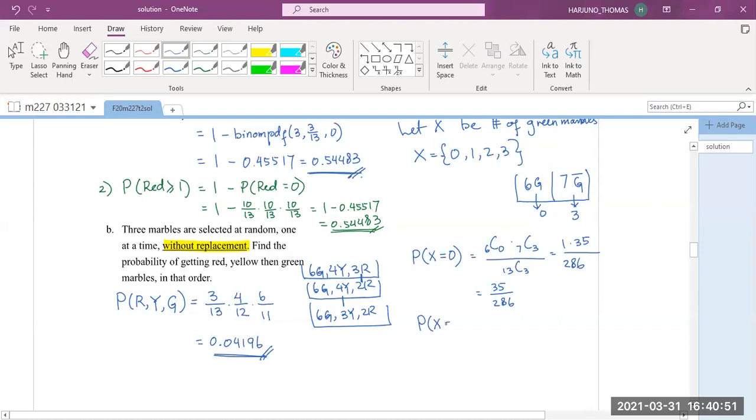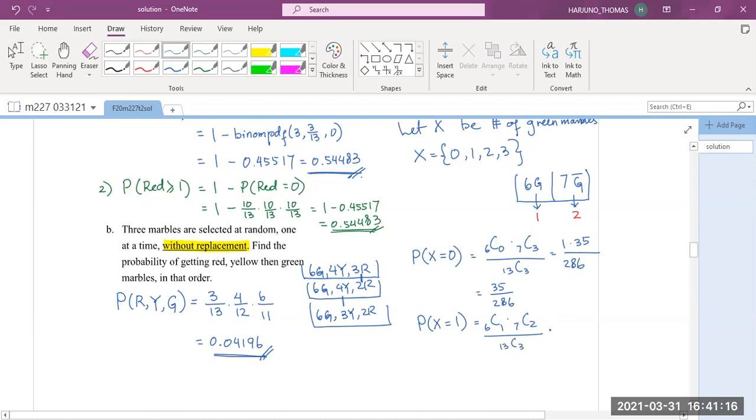Okay, what is the probability that we get 1 green? To get 1 green means 1 green, then the other 2 not green, right? Okay, so the notation will be 6 choose 1 times 7 choose 2 over 13 choose 3.